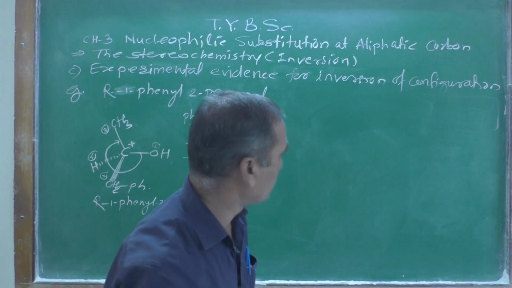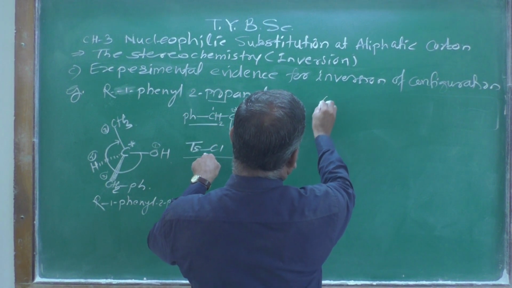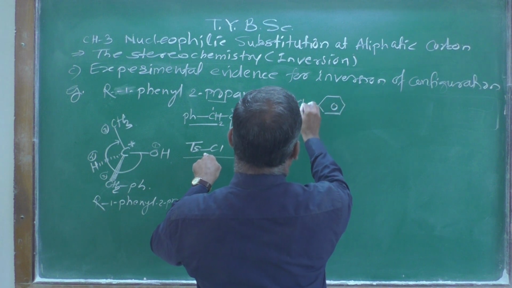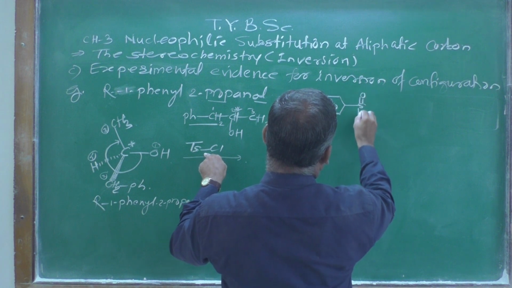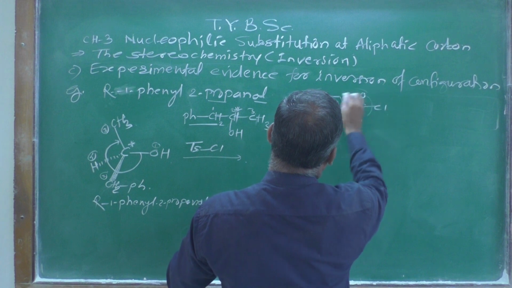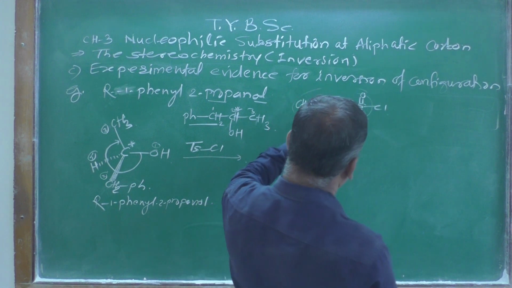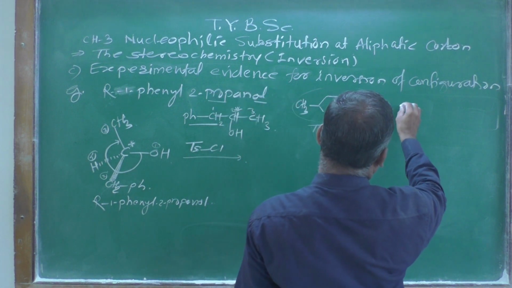The structure is this one. Here is a CH3 group, then S double bond O, Cl. This part is known as the tosyl group, Ts, and Cl.